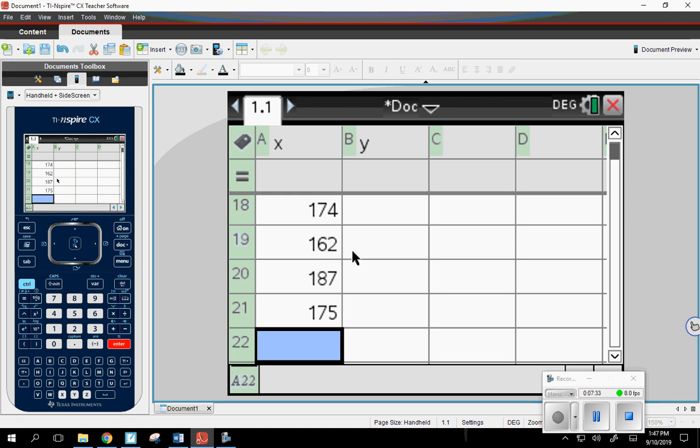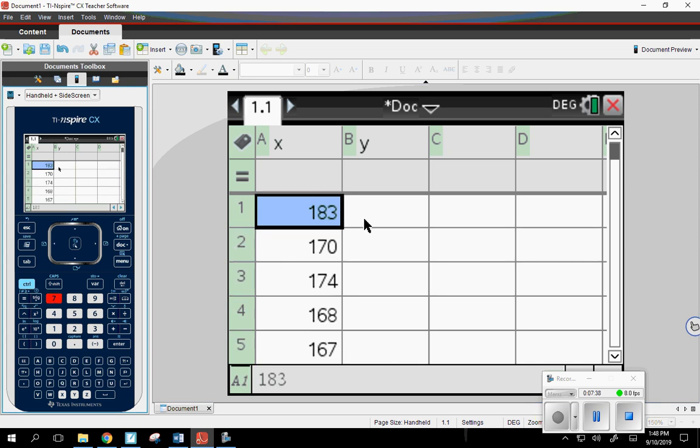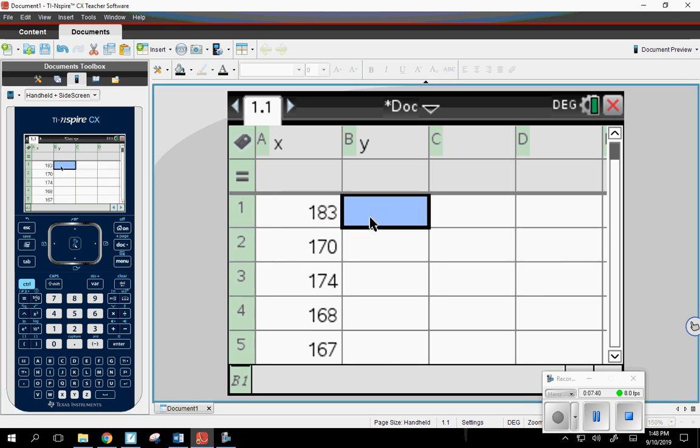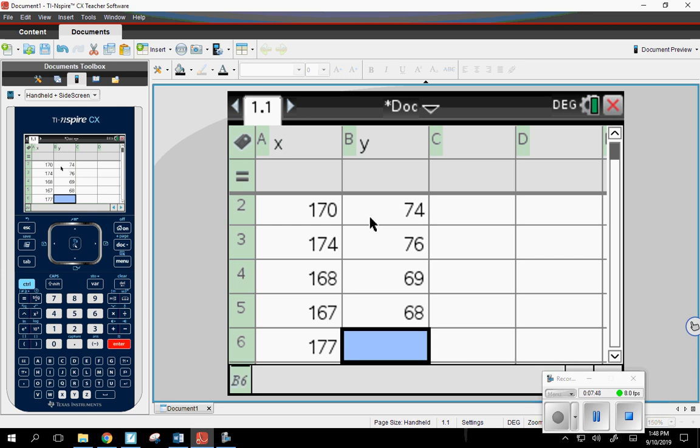What was that shortcut to jump back to the top row? Control 7, so I don't have to scroll. And then now for each of those, let's put in the Y values. 85, 74, 76, 69, 68, 74. Then we have 62.